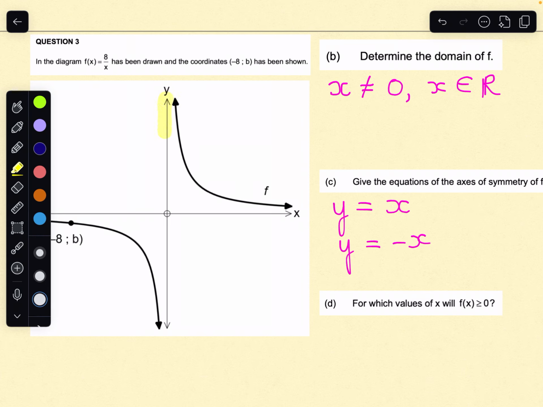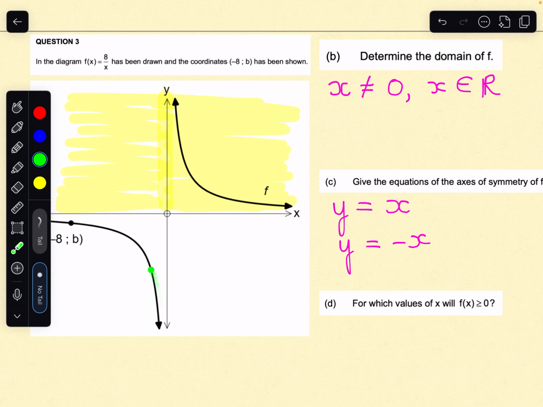Yes. So this is the part of the y-axis that we're interested in. So we're looking for which x values produce the part of the graph that exists over here. This is where y coordinates are greater than or equal to 0.